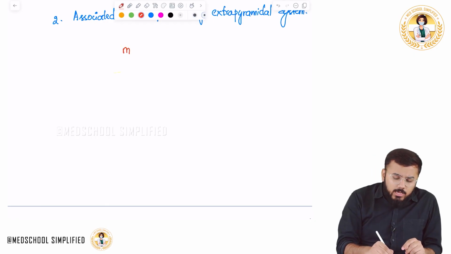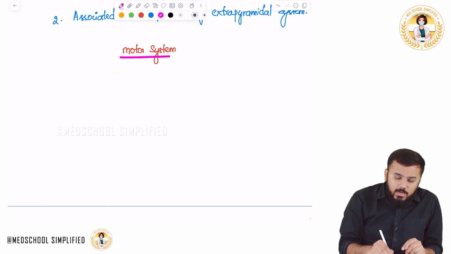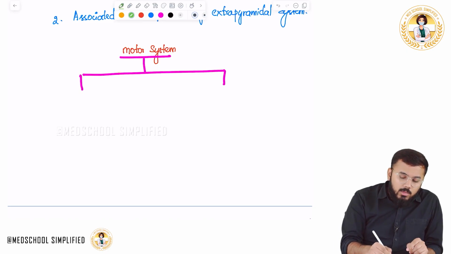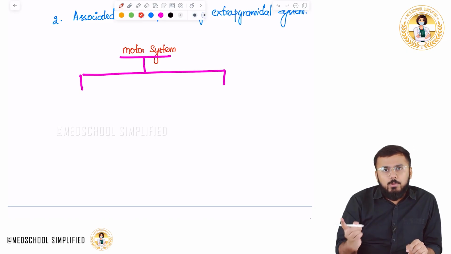So that motor system, whatever is present in your body, is widely divided into two important parts.